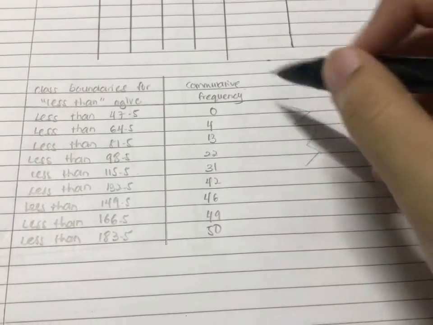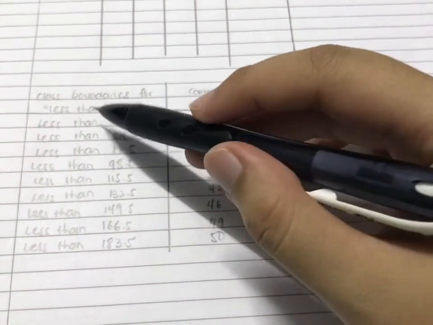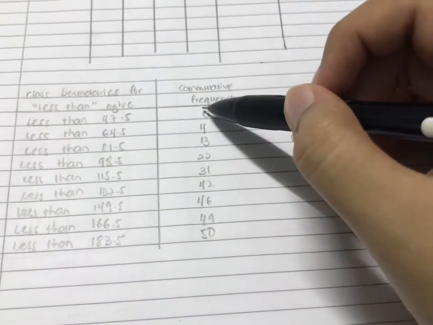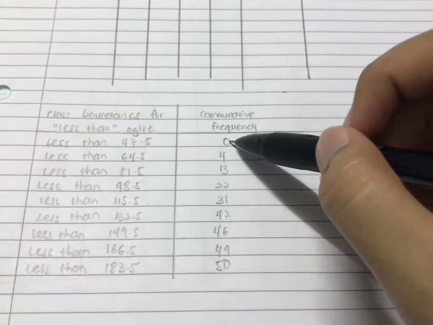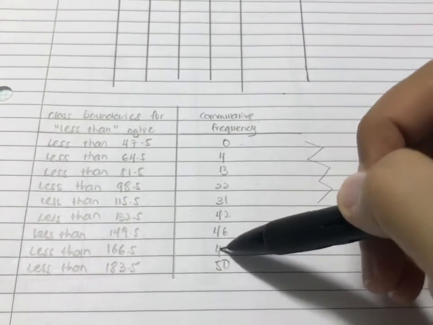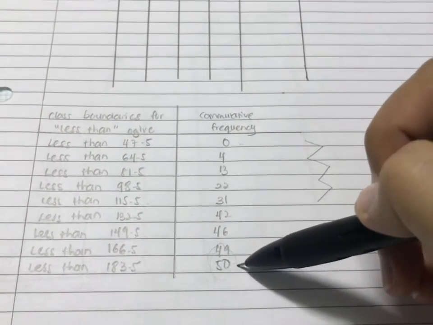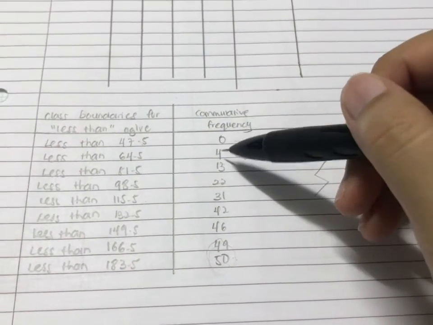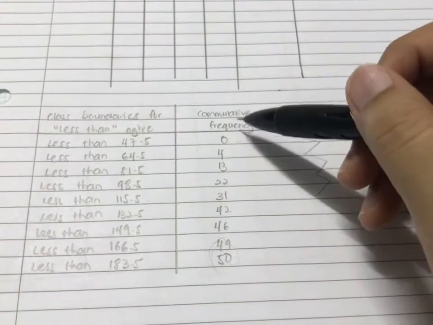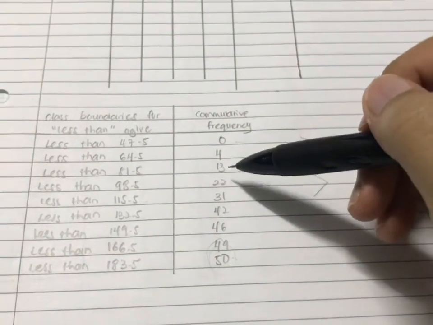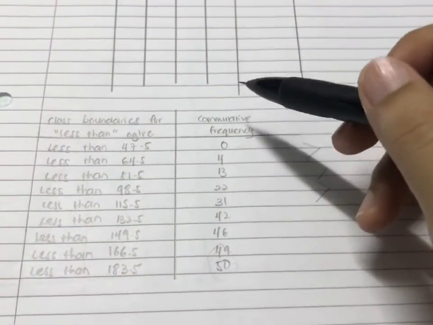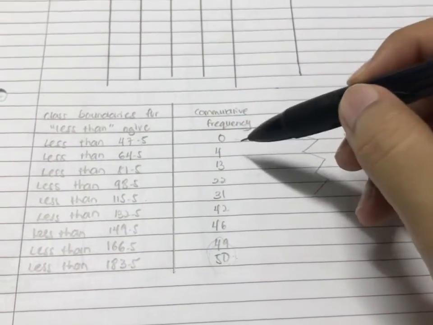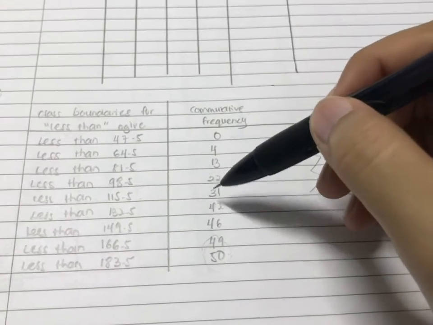So if it is less than, the first row we must put 0, and the last one we will put the total of the frequency distribution. After you plus it one by one, you will get this number.